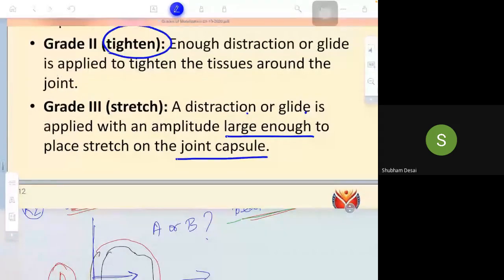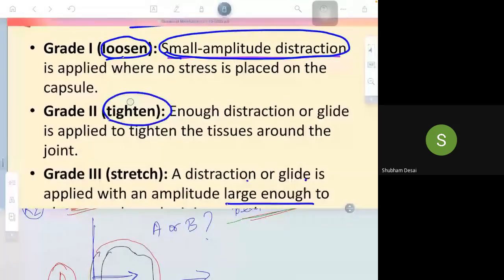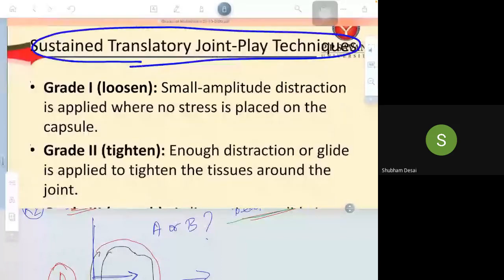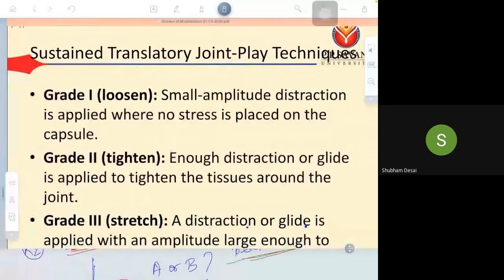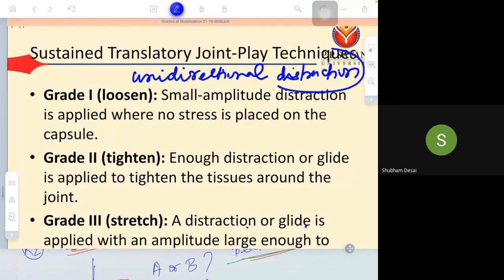Clear? So it is just a distraction. So what is sustained translatory joint play technique? Sustained translatory joint play technique is nothing but a unidirectional distraction. What is distraction? We already discussed. Separating the joint perpendicular to the treatment plane is called distraction.